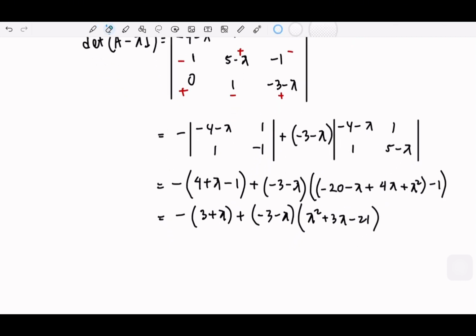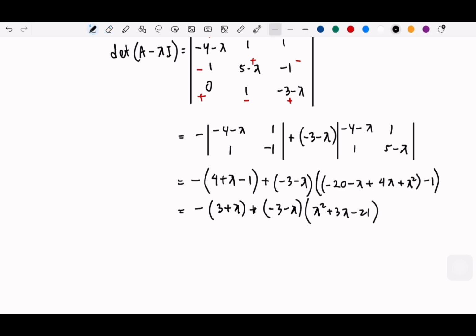Can I write this as, this is minus, this is plus, right? Same, right? And then I will write this, negative 1, negative. Is that correct?